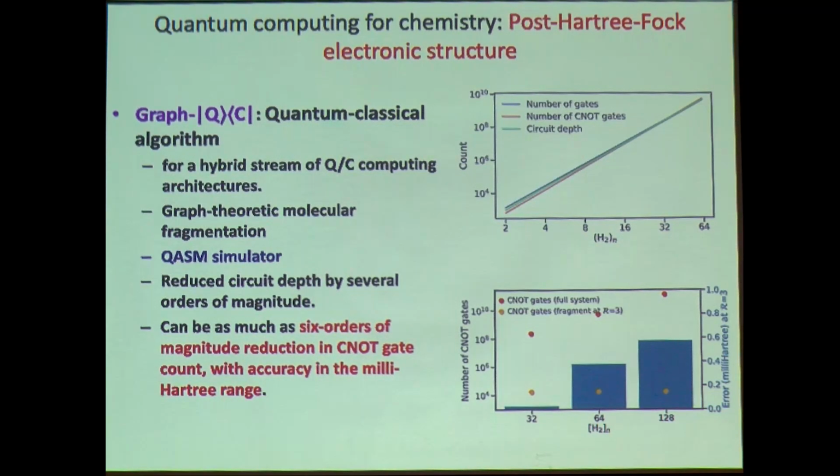And again, the quantum circuit depth, which I told you earlier grows exponentially with system size, still grows exponentially with system size, but now in our case, it does increase with system size, but you cannot see it on this scale. It's pretty flat because this is an exponential scale, and so we have at 128 H2 molecules here, the complexity has come down by 6 to 8 orders of magnitude.